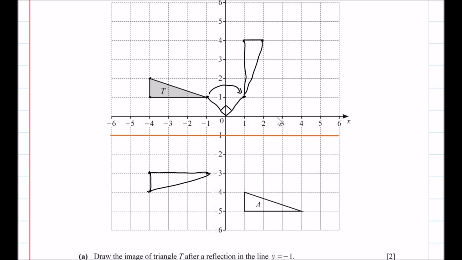Done. When you are answering in exam, you have to draw using ruler and pencil. You don't draw freehand. Steps should be in proper step. Okay, next.